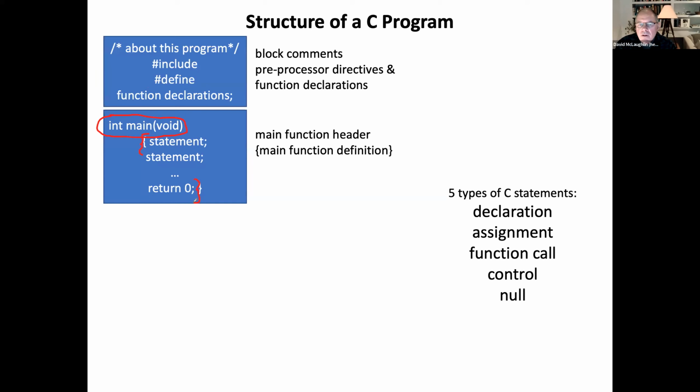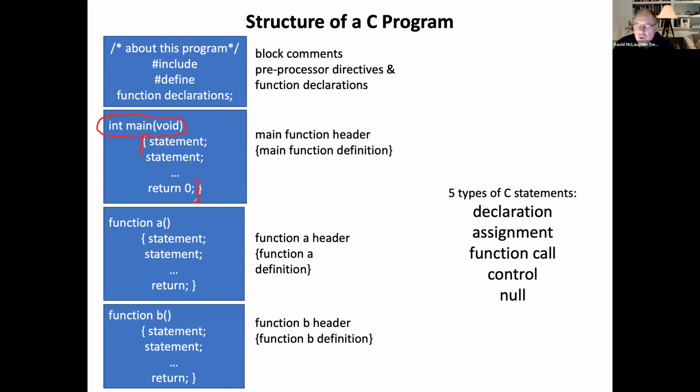And then you may have some other things that happen before the function: block comments, things called preprocessor directives, and things called function declarations. Then you may have some additional user-defined functions that follow. They'll look like main, but they'll have different names. So here I have a function called A, and you can give it any name you want.